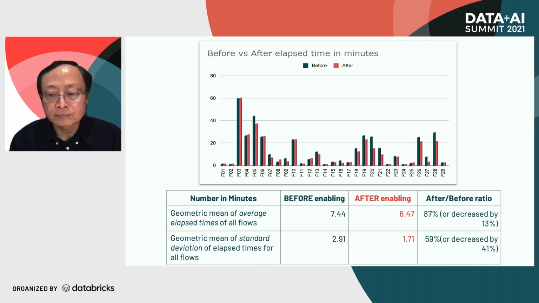And after we enabled speculation, we were able to reduce the variation of the job elapsed time, so that they can all finish within a narrow range, so that they can meet SLA.